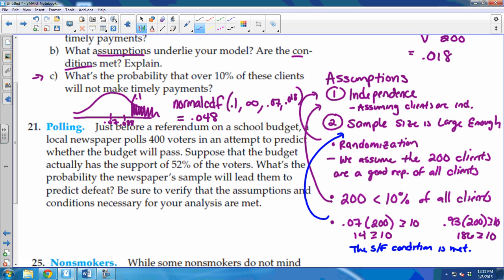So you get a probability of 0.048. So there's a 4.8% chance that more than 10% of their clients will not pay on time.